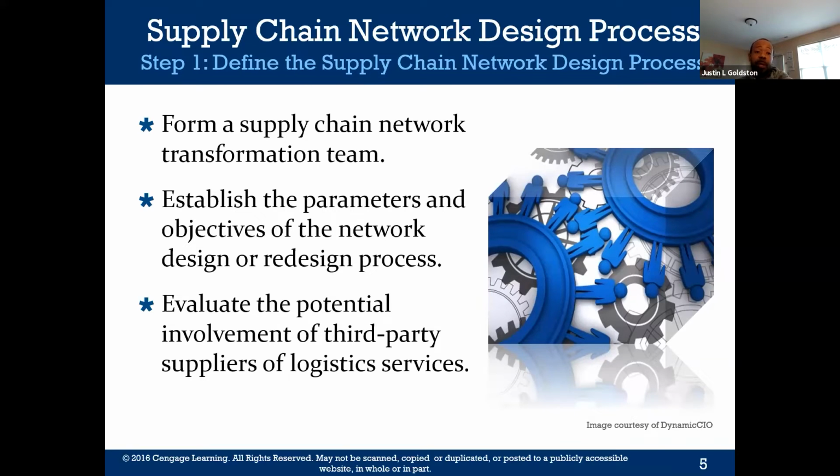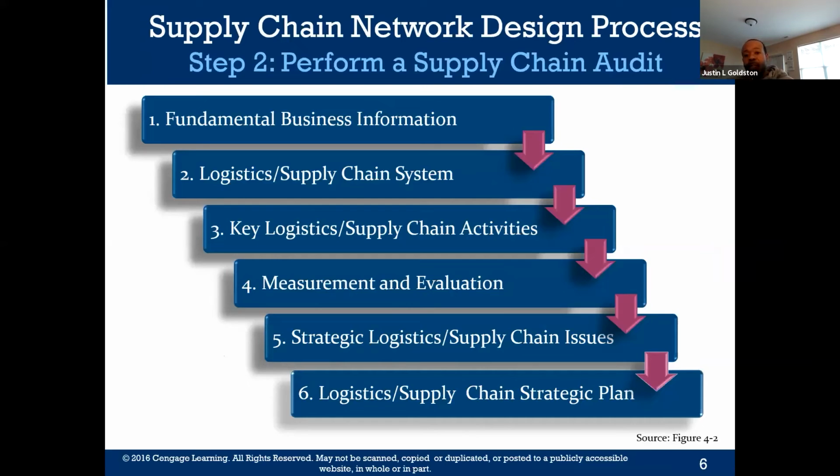All right. So the second step is you want to perform a supply chain audit. You want to look at the current state of your supply chain. We want to interview people. So we'll take the quantitative numbers, and then we'll also take the qualitative data, which is going to be interviews, surveys, and things like that from our organization.